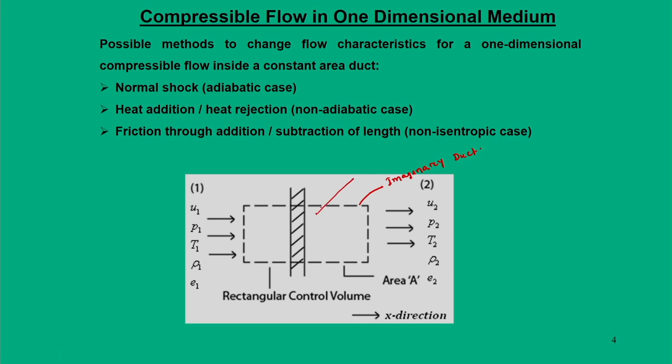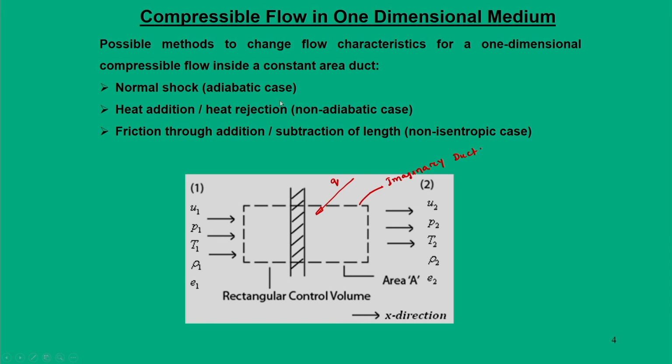We are going to add some heat into this imaginary duct. So, this is one way that flow properties can change. The other mechanism by which the flow properties can be altered is through friction.